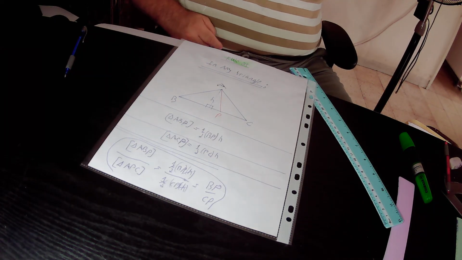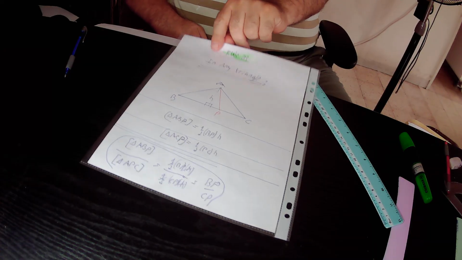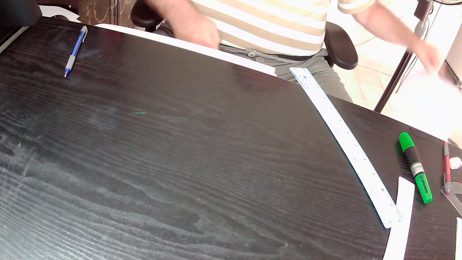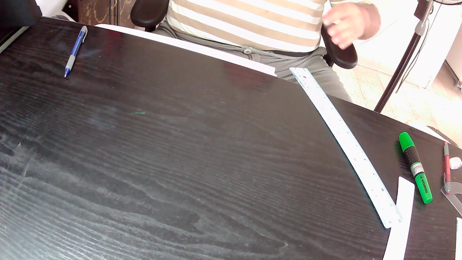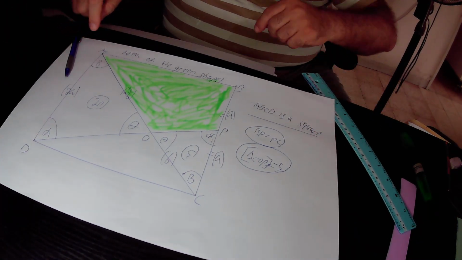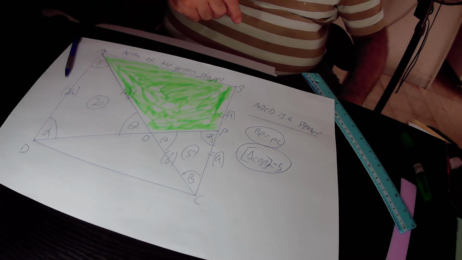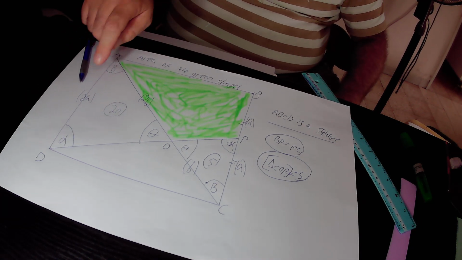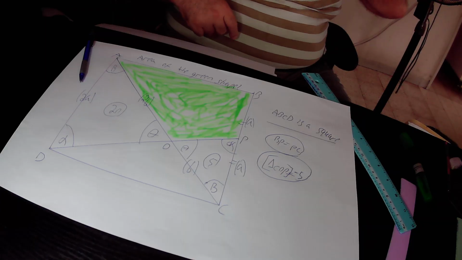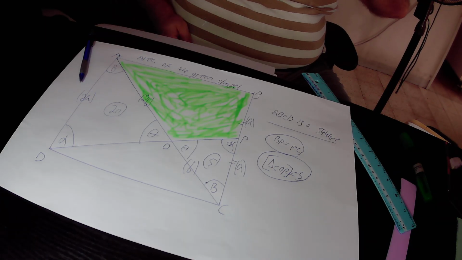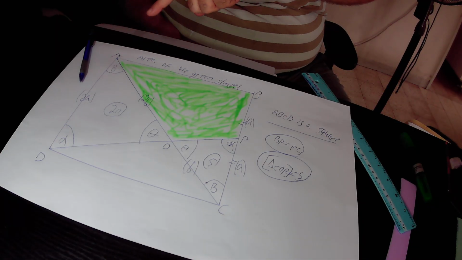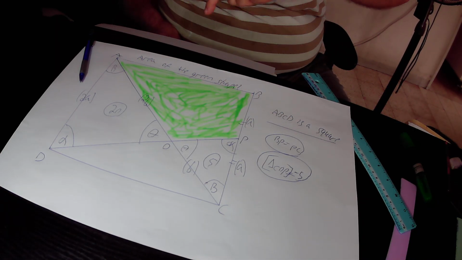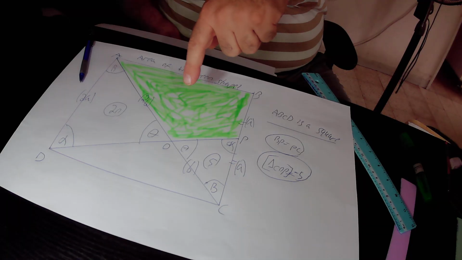So can I actually implement rule 23 in our drawing? Yes, because in our drawing we have the big right triangle ADC, which has been divided by line segment OD.